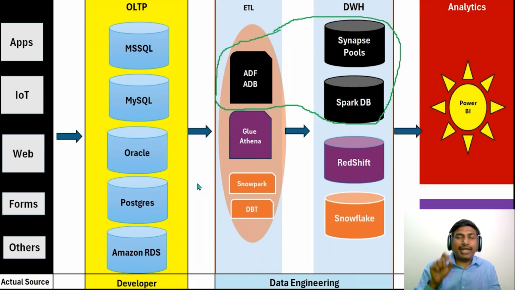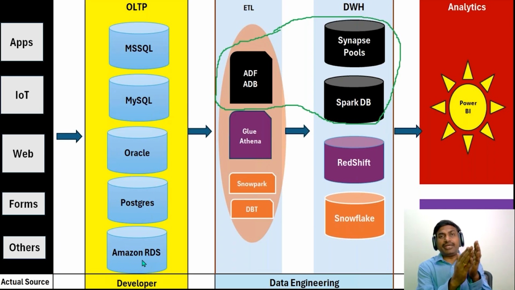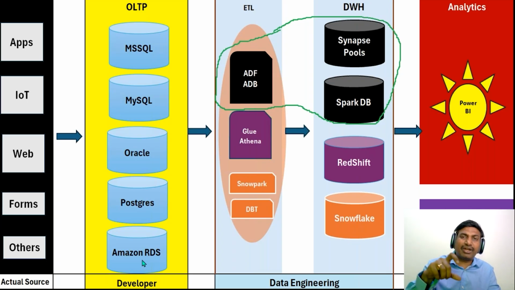In the real world, the OLTP, the first database type, can be implemented by SQL developers, Oracle developers, MySQL developers, Postgres developers, and Amazon RDS developers. So different teams, different technologies, but the same product, database. Just like different cars from different companies, different mobiles from different companies, here different database systems from different companies. But the purpose is the same, OLTP. And that OLTP will be the source for you and me, data engineers, to implement ETL and warehouse.